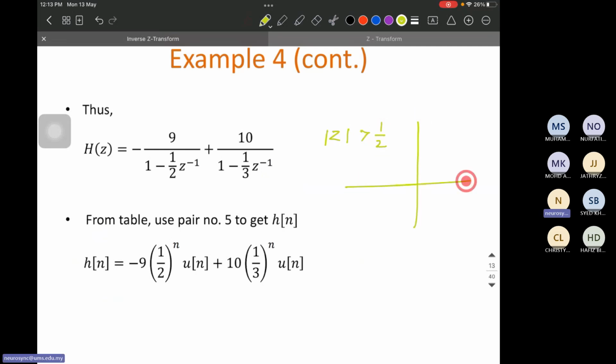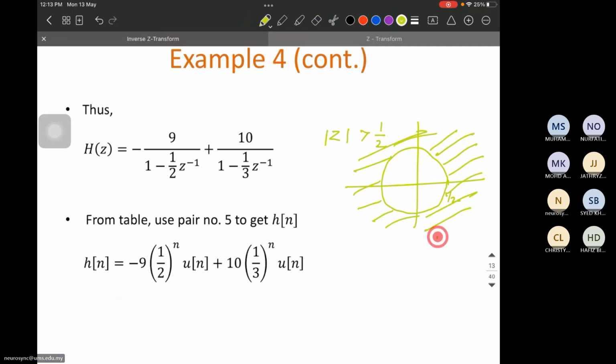So if we plot this ROC on the z plane, if this is 1 by 2, z greater than means the exterior. And for an exterior ROC, this is a right-sided ROC. So this is for the right-sided signal. Therefore, we will use the formula where u of n is there.